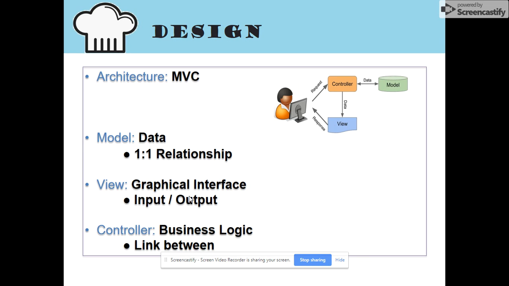Moving on to the design. So the great thing about Ruby on Rails is it embeds the MVC architecture. So this framework is model view controller, which means that there's a separation of concerns between the models, the views, and the controllers. So this means that each layer is responsible for the layers that are most important to it.